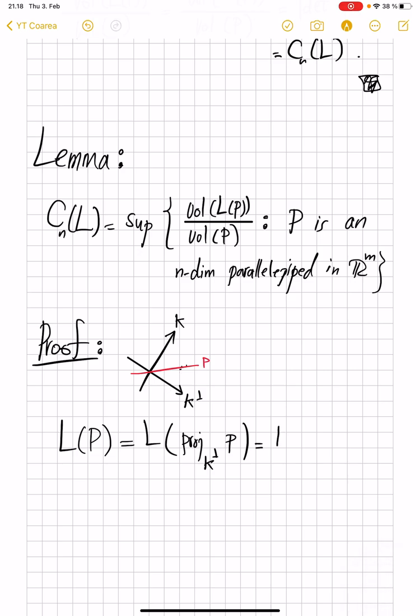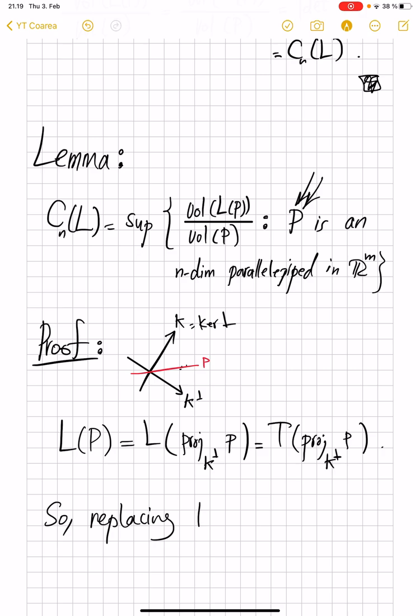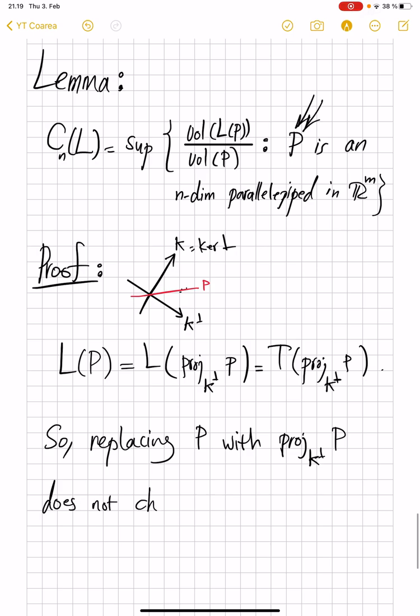And therefore this is just T applied to the projection onto K complement of P. K is kernel of L. So if you pick a P and you project it, then this quantity in the numerator does not change. So replacing P with projection onto K complement of P does not change the numerator.